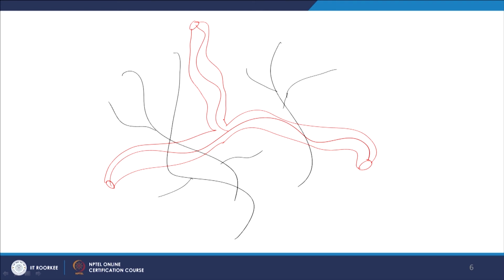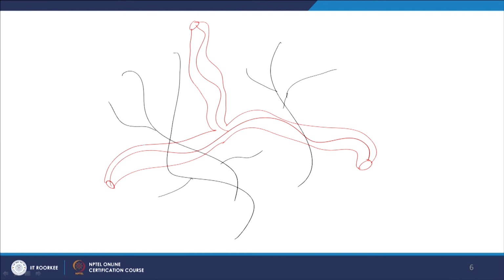And now you can see that it really cannot move by reptation as in what we had for the linear chain, because if I say move along the contour of one of the arms, and let us say I want to come here, that would mean that this arm also has to come by translation and come here, and as I said, the translation of the tube is not what is intended.